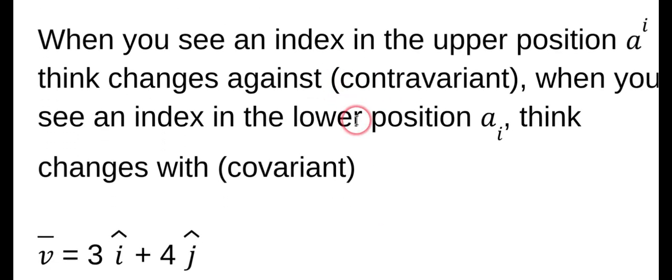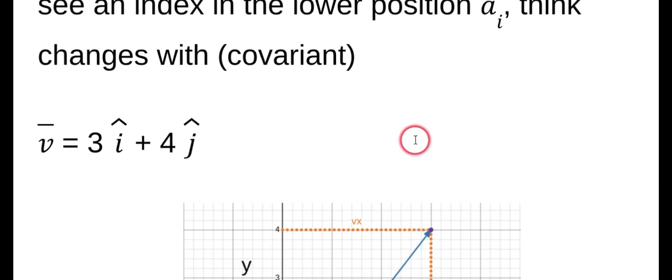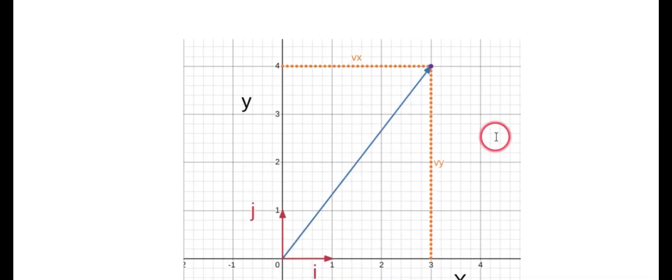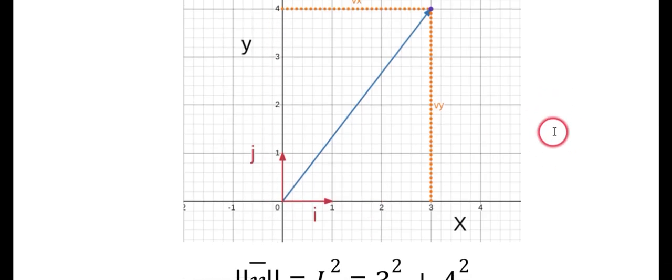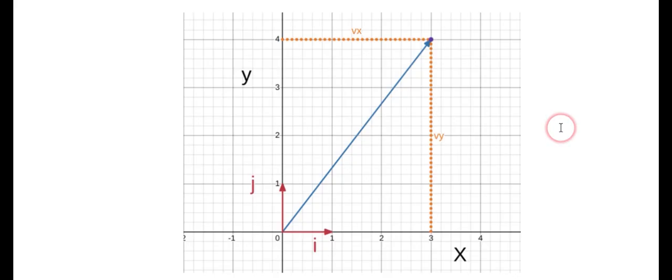So let's look at that vector we were looking at a while ago, the 3i plus 4j. All right, let's plot it again. And this time we're going to show its components. So it has a Vx component like this. It has a Vy component, right? Now, what's really nice about this, and the reason everyone loves Cartesian coordinates, is because these form beautiful right triangles.